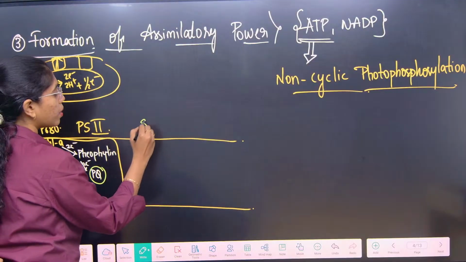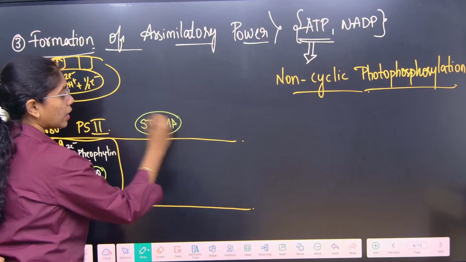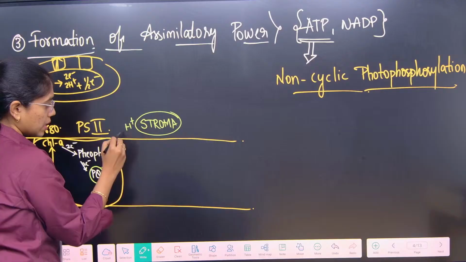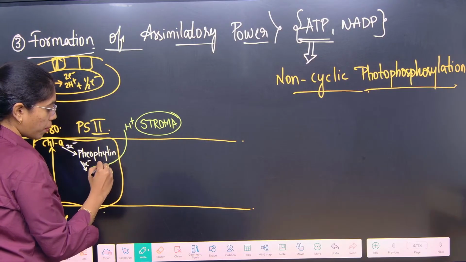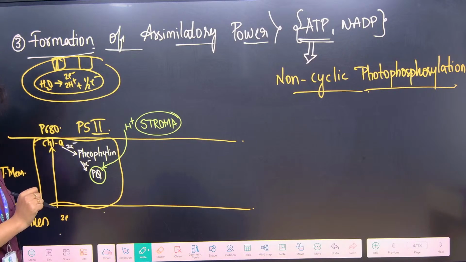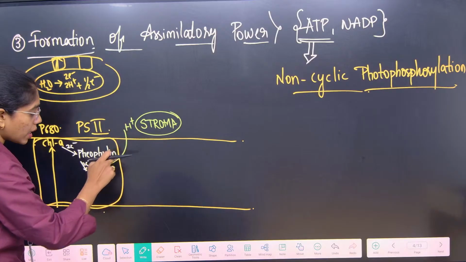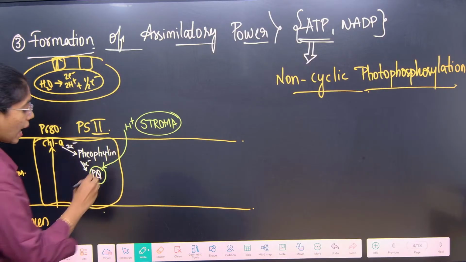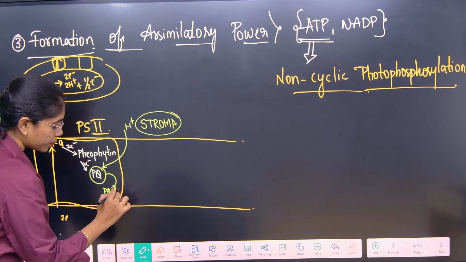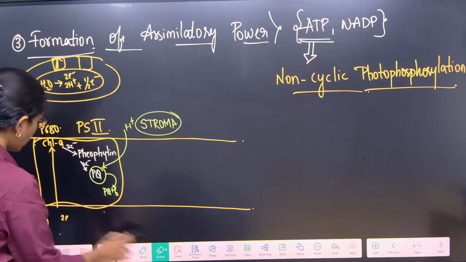This is what side? Stroma side. So, from the fluid in the chloroplast, that is in the stroma, whichever protons are present are passed to the plastoquinone. Pheophytin is submitting 2 electrons to plastoquinone. At the same time, PQ is taking protons from the stroma and this gets converted to plastohydroquinone, PQH2.